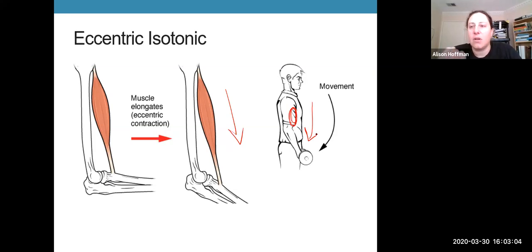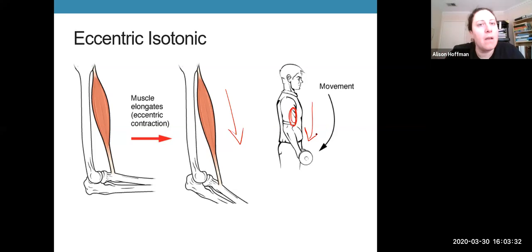So we're still going through the contraction cycle, even as we're allowing that muscle to lengthen, which means that we're actually sliding our sarcomeres farther apart, even as we're letting them cross bridge. So very weird situation, but it's definitely something we do. It does have the highest risk of muscle damage because of the way we're pulling them apart while we're cross bridging.